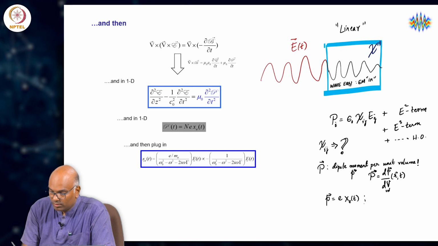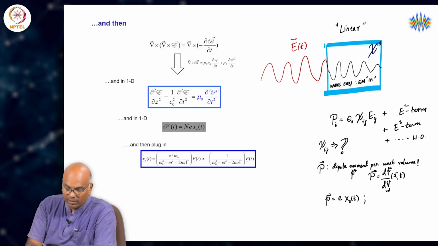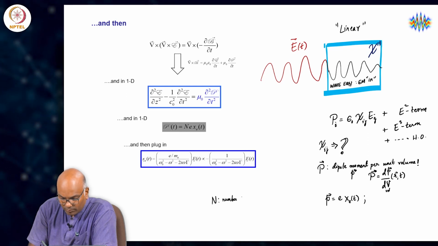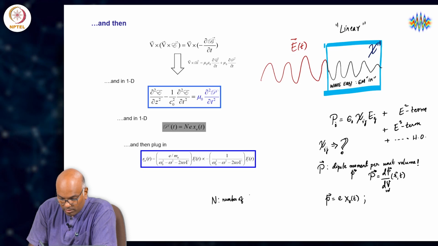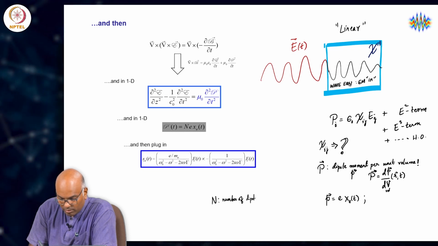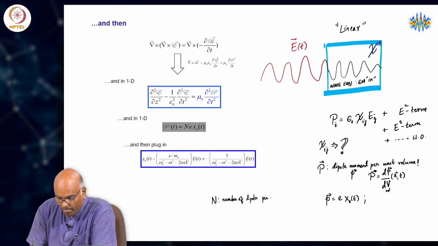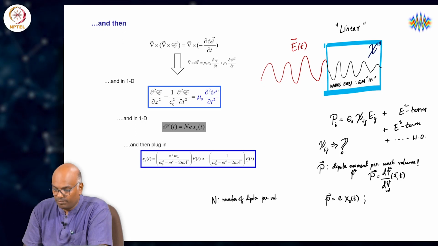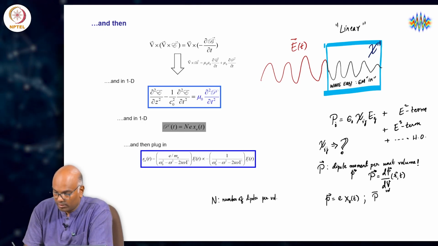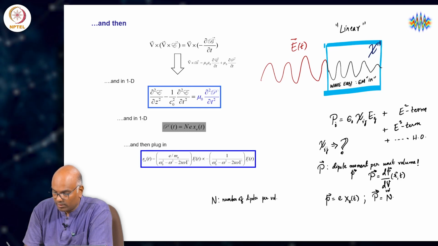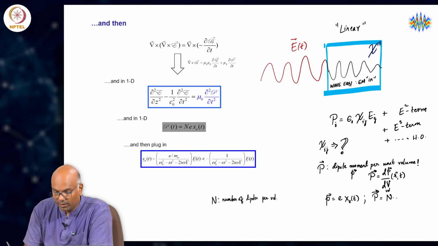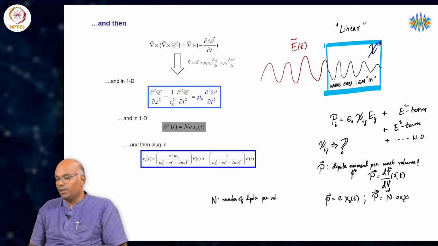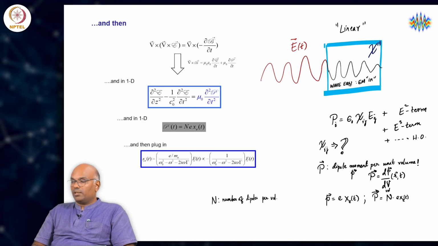If now the number of dipoles per unit volume is n, then P, capital P, is nothing but this n multiplied by e x_e, and the time dependence comes from the time dependence of x_e.